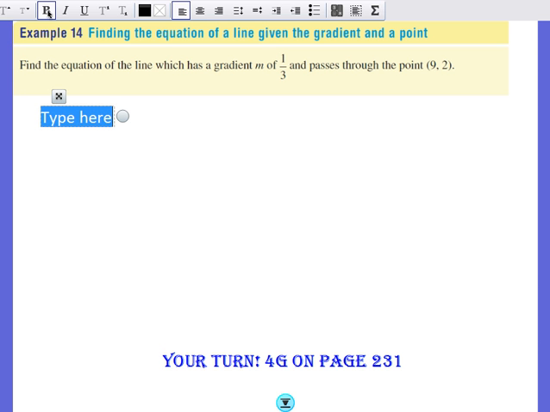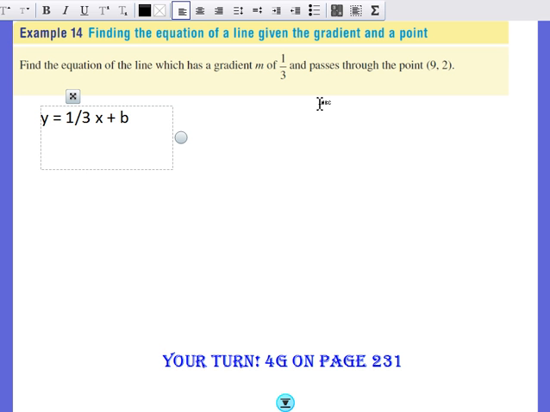It's going to look like this: y is equal to 1/3 times x plus something that I don't know yet, which in class we've been calling b. I notice in the textbook they call it c. It really doesn't matter. So I've got my formula, y equals 1/3 x plus the y-intercept, which I don't know yet. So how am I going to find the y-intercept?